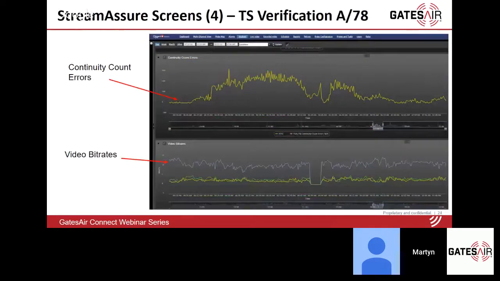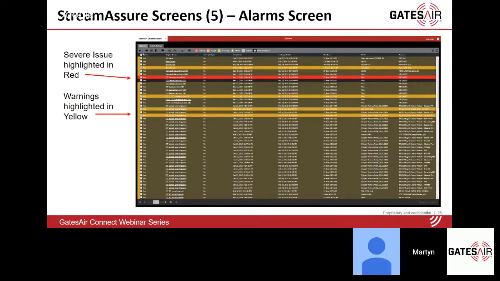Another view here is just an example of how deep you can go. Here we're looking at the bit rates for each program and transport stream verification. In this case, we're doing ATSC A/78 2015 transport stream verification. Another screen is a bit of an eye chart, unfortunately, because there's a lot of information on it.